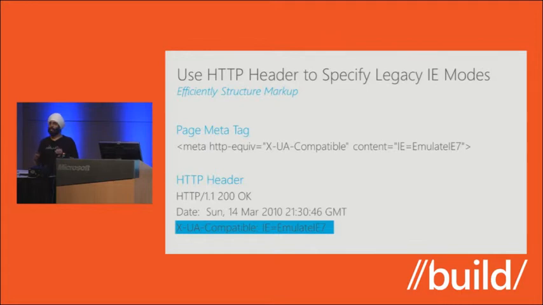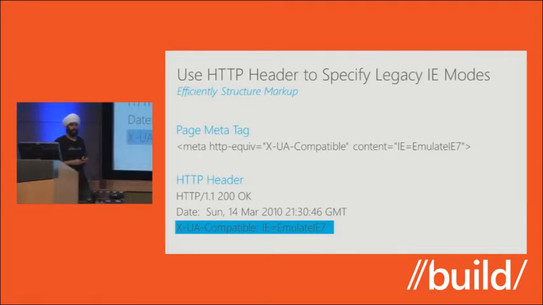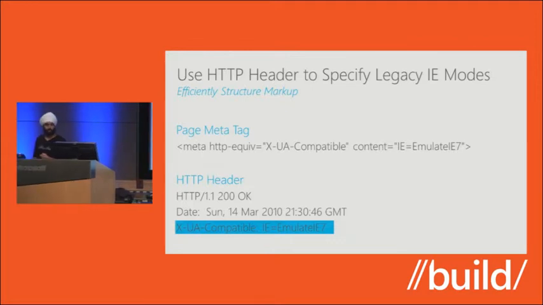It does this in the latest standards mode by default, because it's the fastest. While it's doing this, it encounters a meta tag, and it realizes, oh wait, I was supposed to do this in the IE7 pipeline. So it resets the state for the HTML5 pipeline, moves over to the IE7 pipeline, and starts parsing that entire document again. So if you're going to continue to render content in legacy modes, always put that information in the HTTP header. This can save you between 10 to 15 milliseconds.